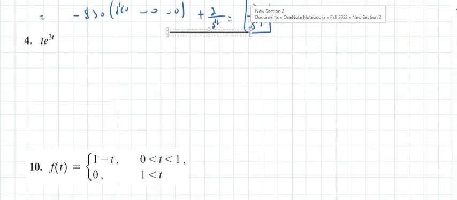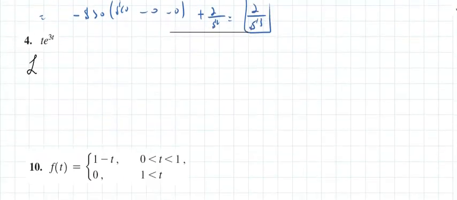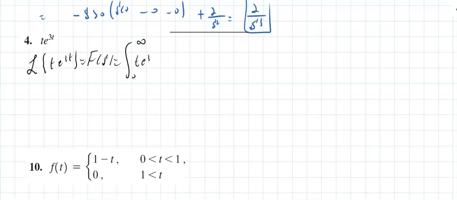And if I want to apply the Laplace transform on t e to the 3t, the same deal, that's F of s. That's the integral from 0 to infinity of t e to the 3t times e to the negative st dt. That would be the integral of t e to the 3 minus s t dt.